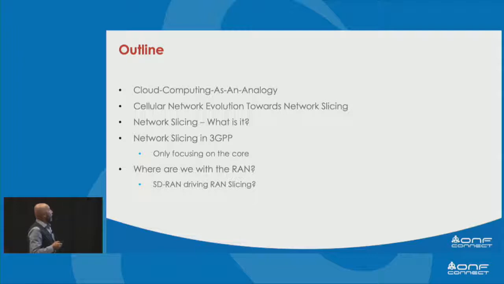And then that is going to take us to cellular network evolution towards network slicing. And then we're going to try to formally define what network slicing is and talk about what 3GPP is up to on network slicing, which to a large extent focuses on the core network.